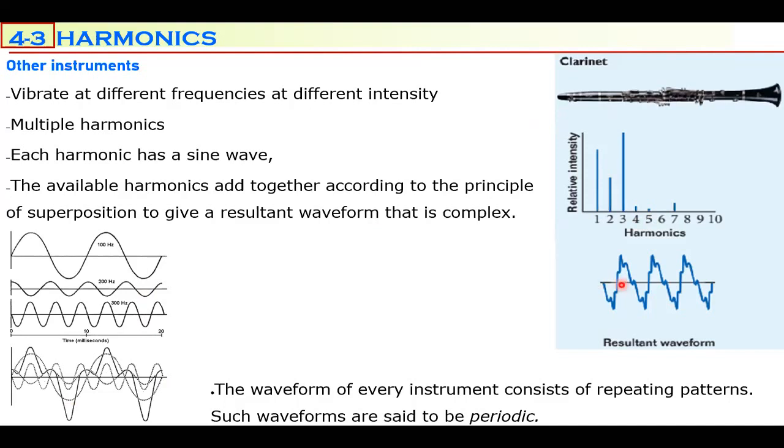It is a little complex, but it's a repeating waveform. As you see, from here to there, from here to there, it is repeating. This repeating wave pattern is called periodic. The waveform of every instrument consists of repeating patterns. Such waveforms are said to be periodic. If something repeats itself, it's called periodic in maths, in science.